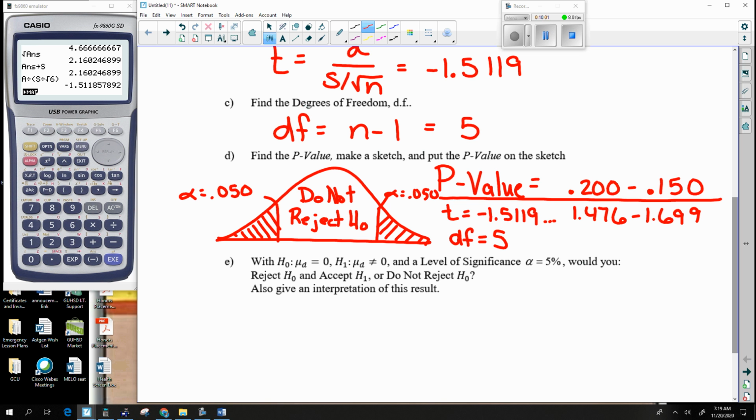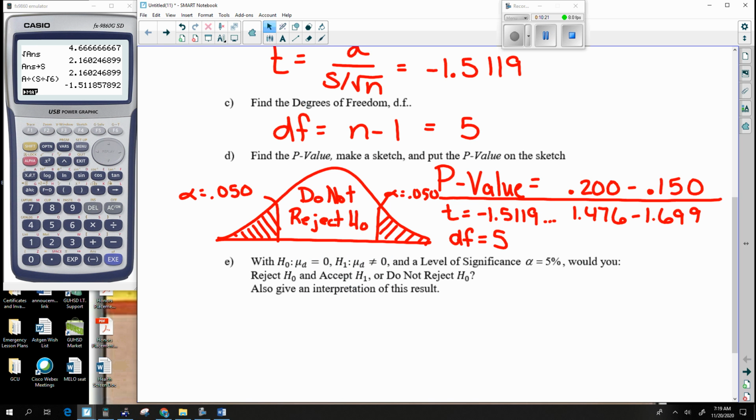Now I need to put this p-value on there. A lot of people, and I know I mentioned it in a few videos, I think in the last chapter, wonder where this technically goes. Does the line go on the right-hand side? Does it go on the left-hand side? Personally, I really don't mind as long as it ends up in the correct area.